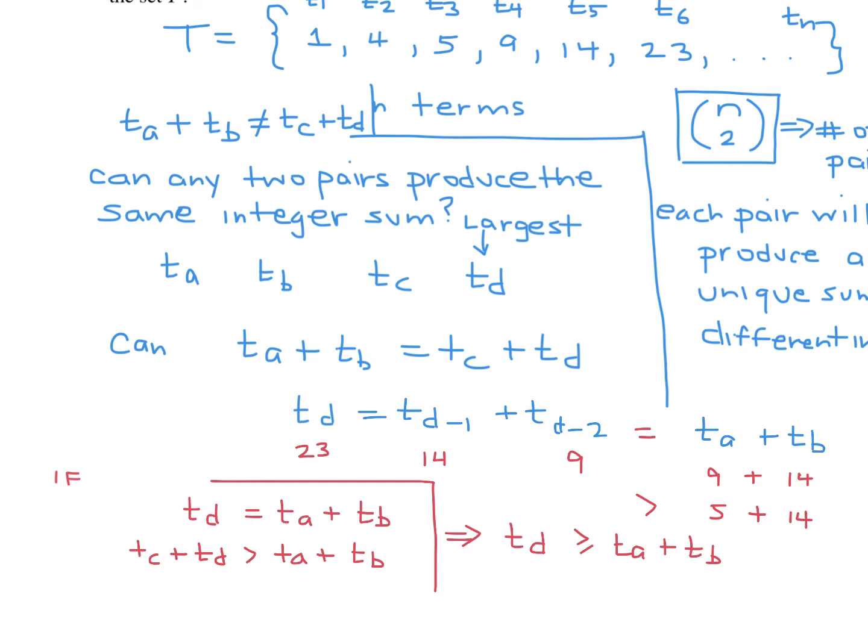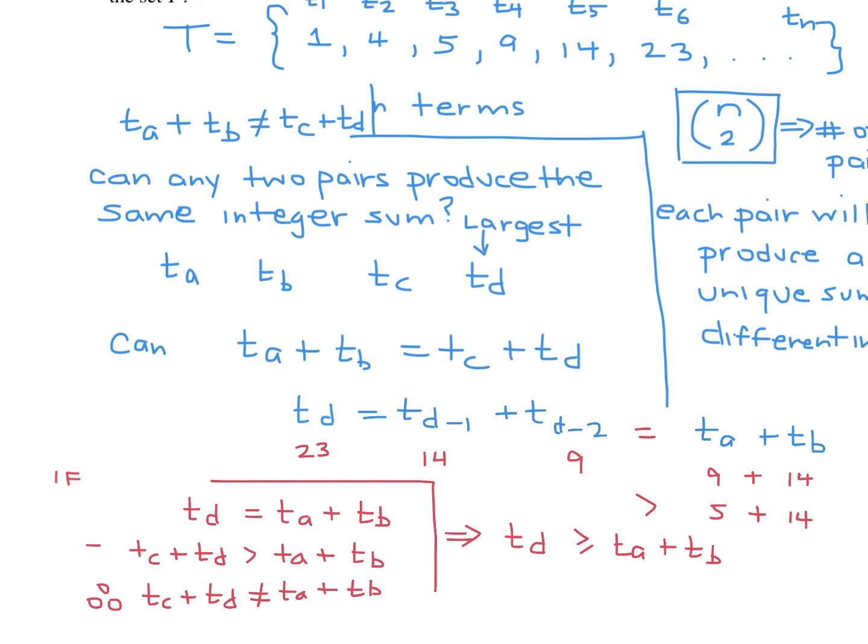And therefore, if this is greater than that, it means that it is not equal. So that means, conclusion, therefore, TC plus TD is not equal to TA plus TB because I've just shown that it's greater than.